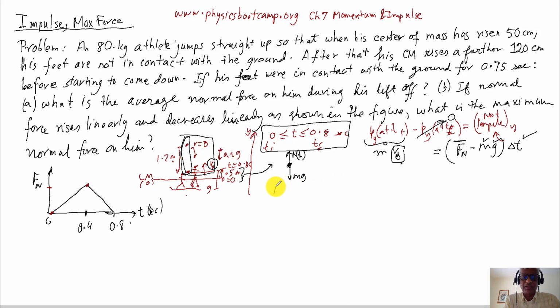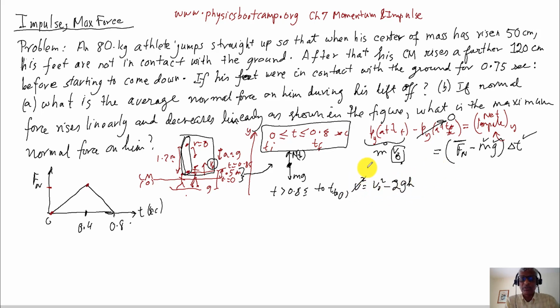So t greater than 0.8 second to t top. At that point, we can use v squared equals v0 squared minus 2gh in the y component.